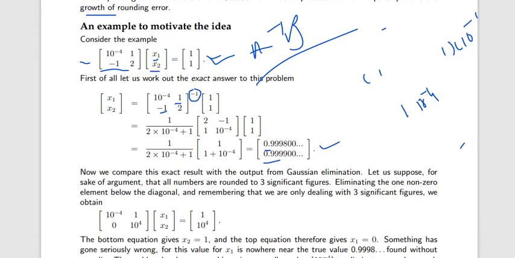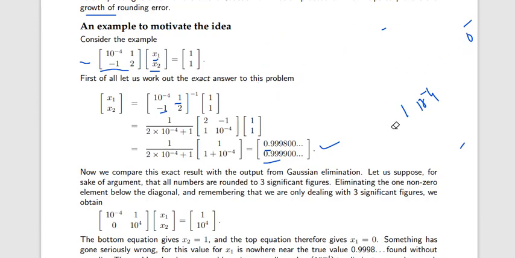First of all, we take the first row, first column as the diagonal, and the elements below it we transform into 0.